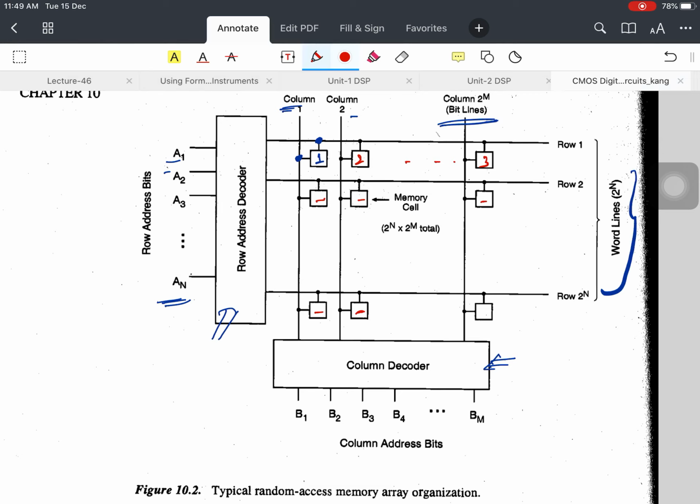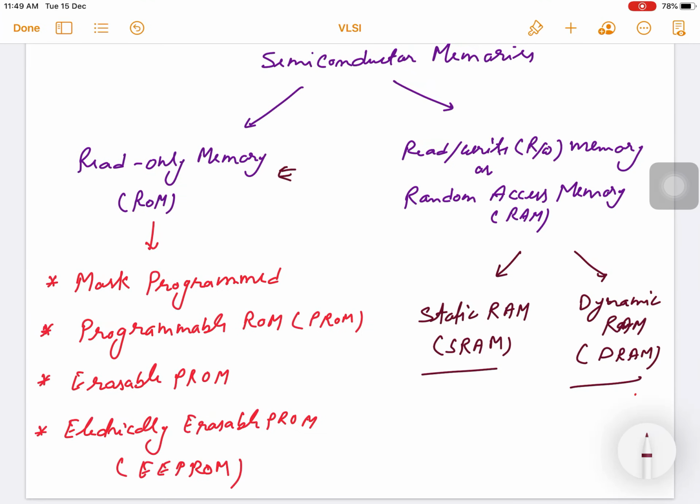Here m is the total number of columns and n is the total number of rows. So, we also say 2 to the power n cross 2 to the power m is the total number of cells available in this memory. So, this is a little bit of introduction about semiconductor memories. In further lectures we will discuss each of these memories and their structures, how they are designed with the help of transistors.